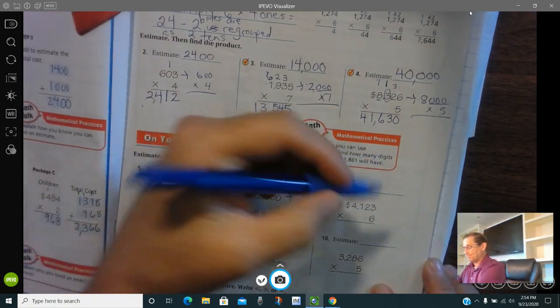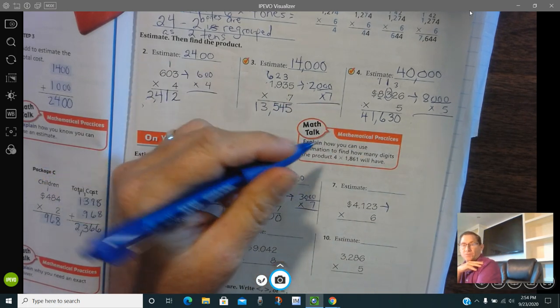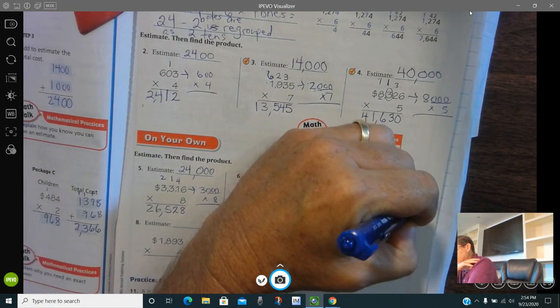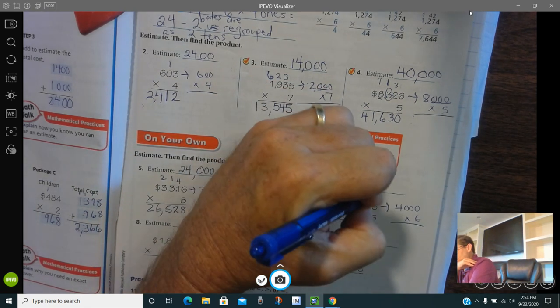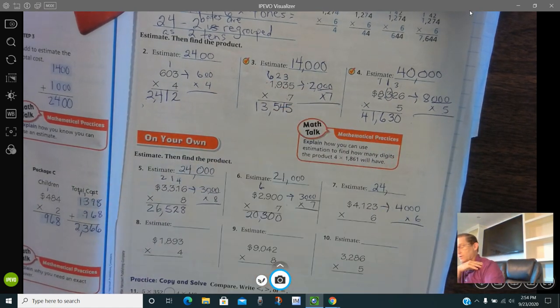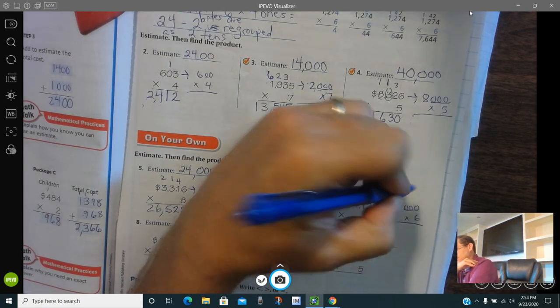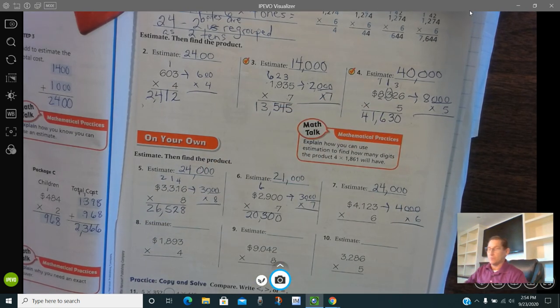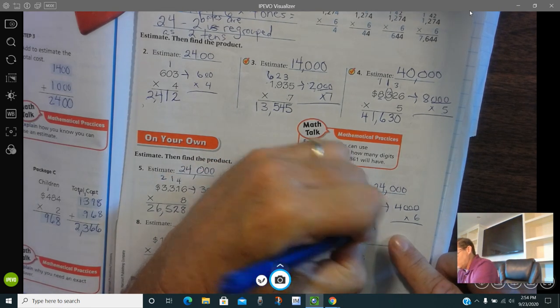Number 7. So 4,123, that's close to 4,000 times 6. 6 times 4, 24. Put the 3 zeros from the 4,000, so we expect an answer close to 24,000. 6 sets of 3 ones is 18 ones.